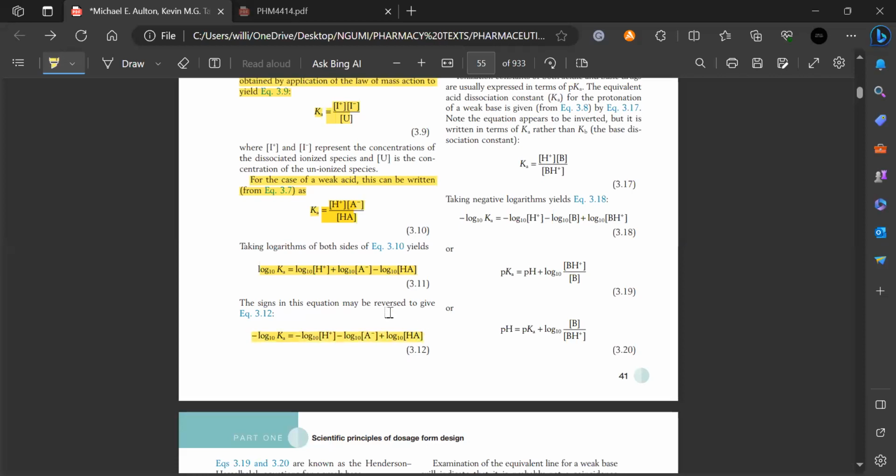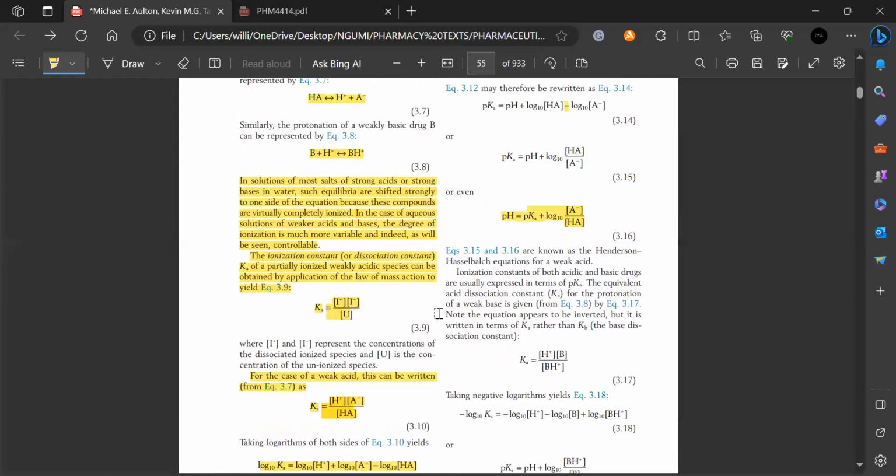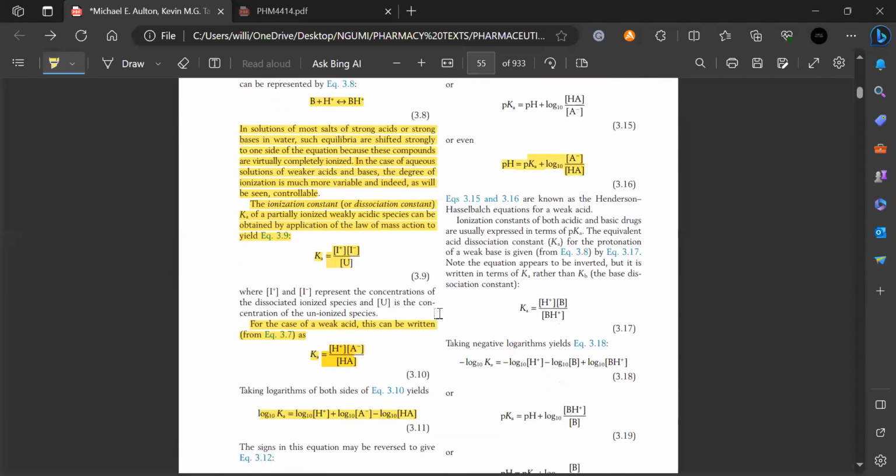We said the negative logarithm, like P is our negative logarithm. If it's pKa, it's the negative logarithm of the dissociation constant. If it's pH, it's the negative logarithm of the hydrogen ions. Sindio? Your negative, how is it coming out?